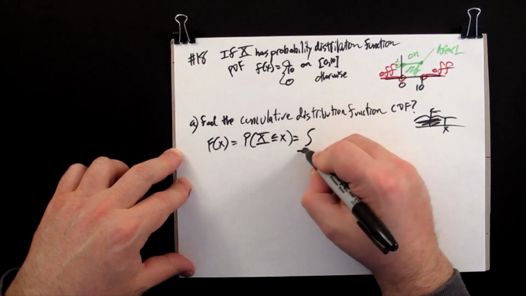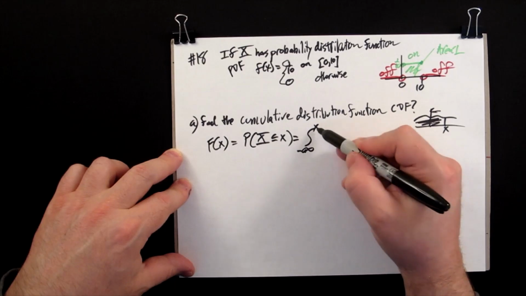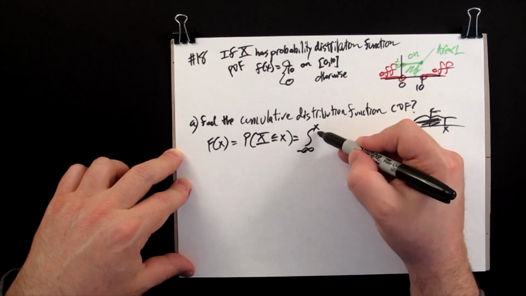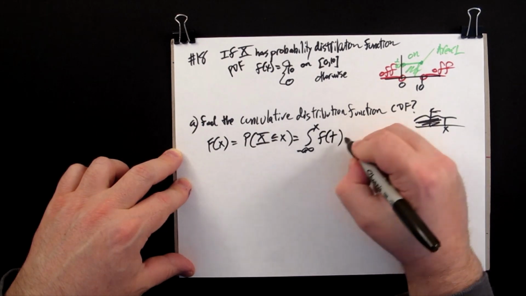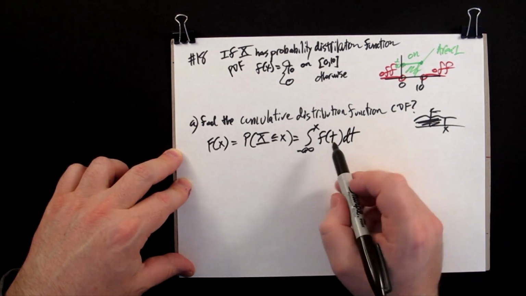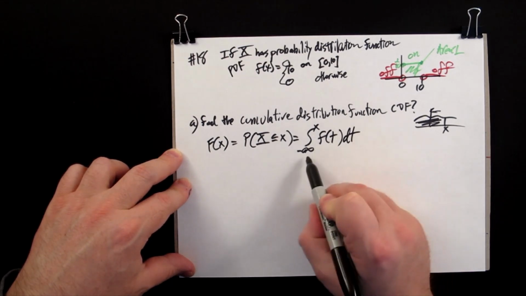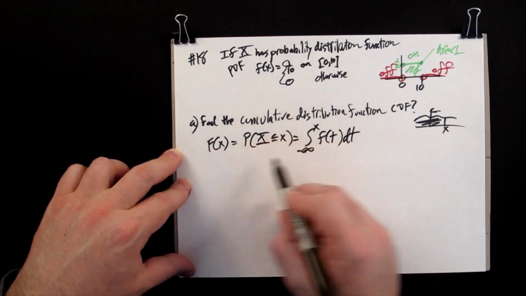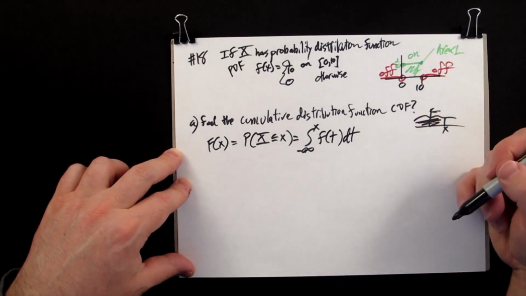So that is the integral from minus infinity up to x of your function. I'm going to change variables for a second just so I have a different parameter to work with. That gives you the area under the curve for everything to the left of x.